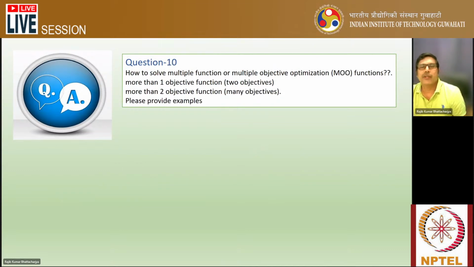Then question number 10. This is related to a multi-objective optimization problem.